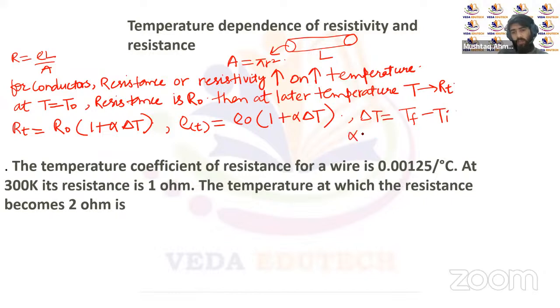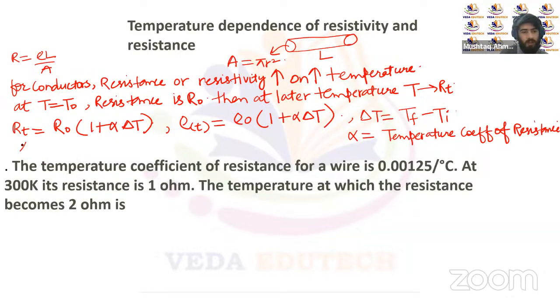What is alpha? It's called the temperature coefficient of resistance, right?